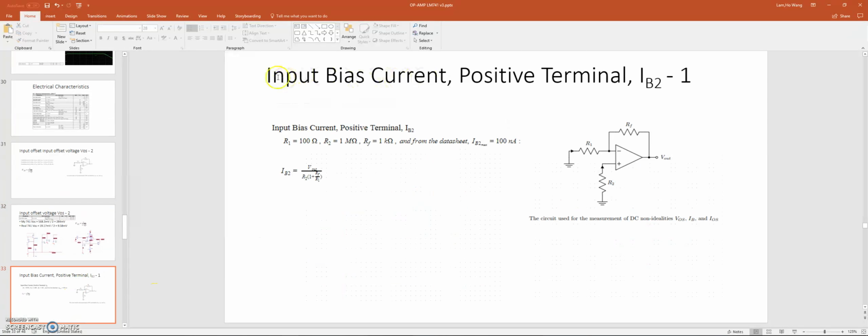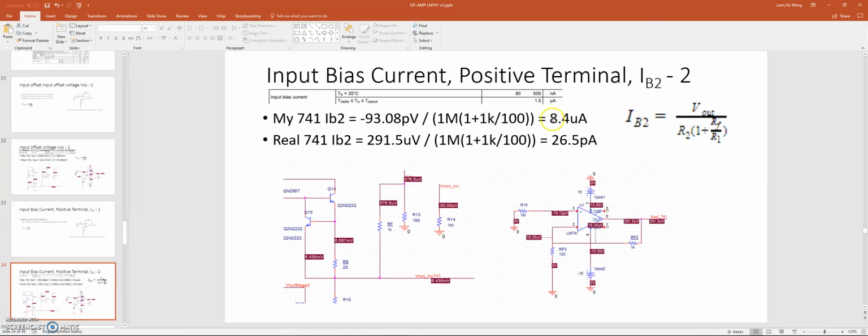And then there is the input bias current for the positive terminal. We're going to use this equation with R1 of 100 ohm, R2 of 1 mega ohm, feedback of 1K. Again, here's the equation from lab 1. We're going to reconstruct the circuit.